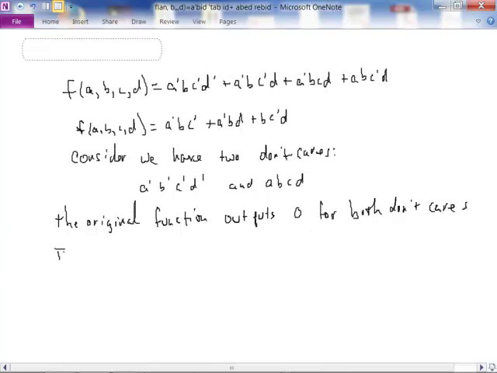If we wanted the output to be 1 for the don't cares, then the function would look like this.